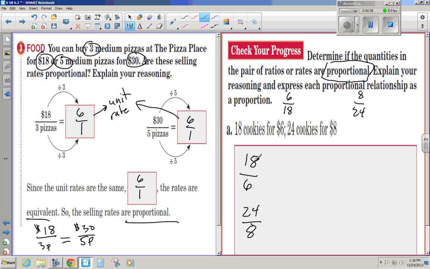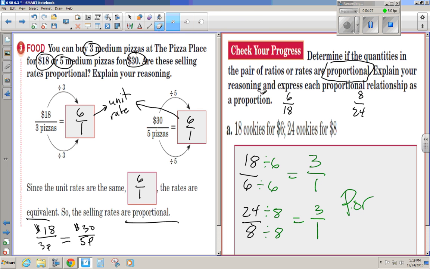So we divide by the denominator, and we get 18 divided, that's 3 over 1. This one is 3 over 1. So you can say that these are proportional.